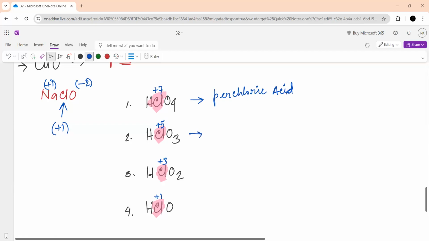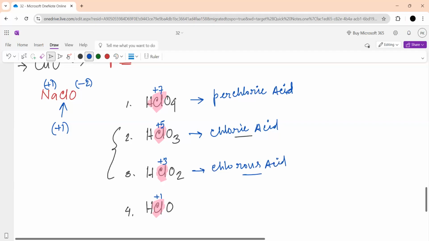The second one is known as chloric acid. Actually, what we do, we firstly take these two, 2 and 3. Between 2 and 3, in the second one, chlorine has higher oxidation number, so we call it chloric acid. And the third one, we call it chlorous acid. This we do according to our rule.